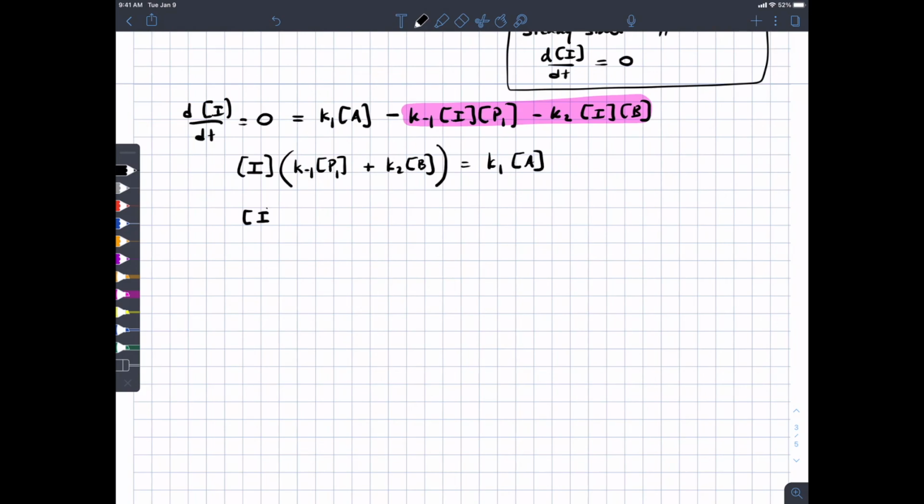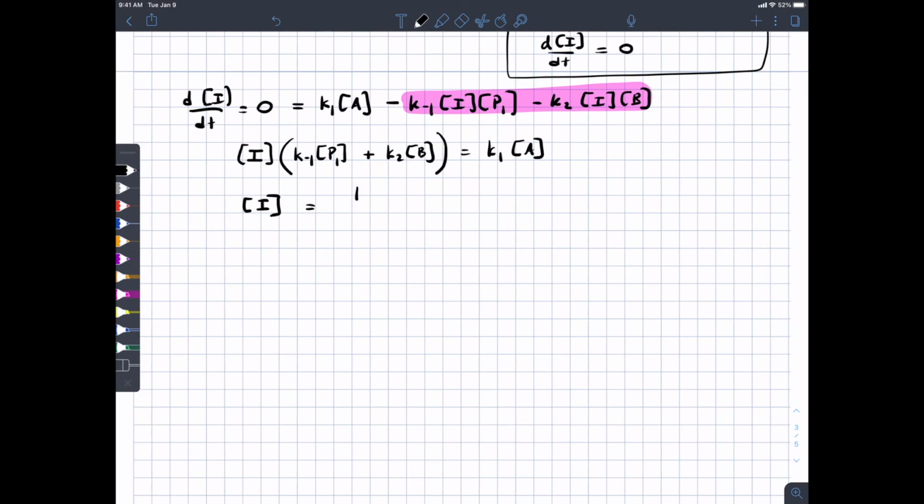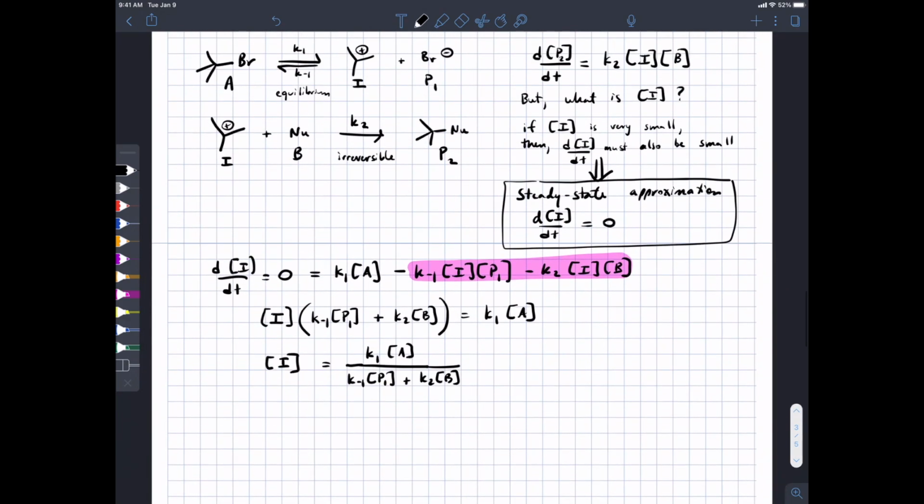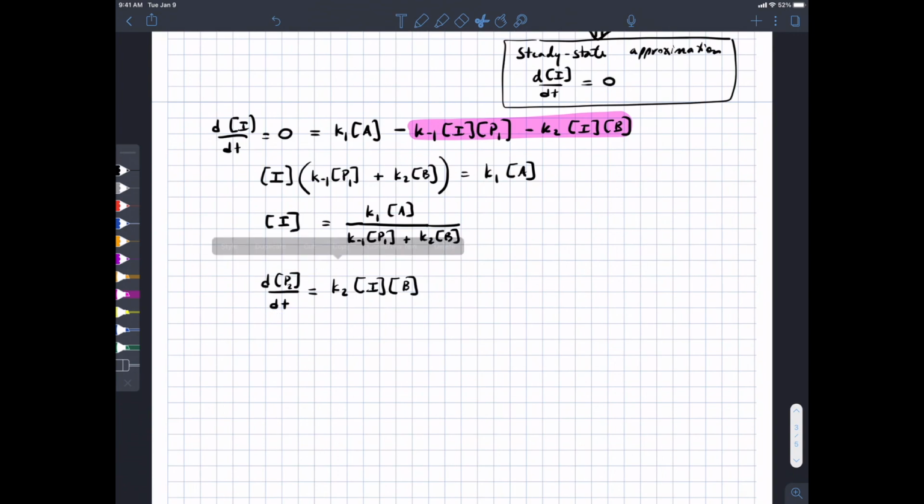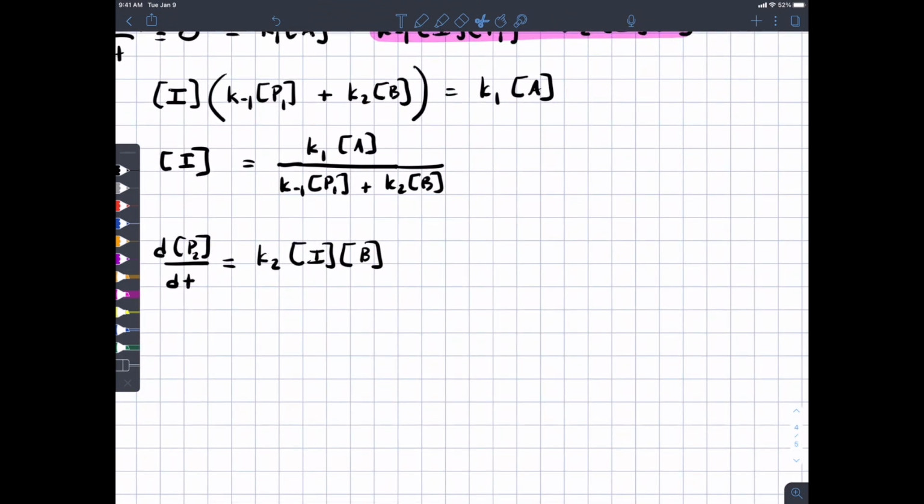And then I can actually solve for concentration of intermediate I. It equals K1 times the concentration of A divided by K minus 1 times the concentration of P1 plus K2 times the concentration of B. And then recall that we set up here that our rate law for the appearance of P2 should be K2 times the concentration of I times the concentration of B. Now we're going to substitute all of this in for that concentration of I term.